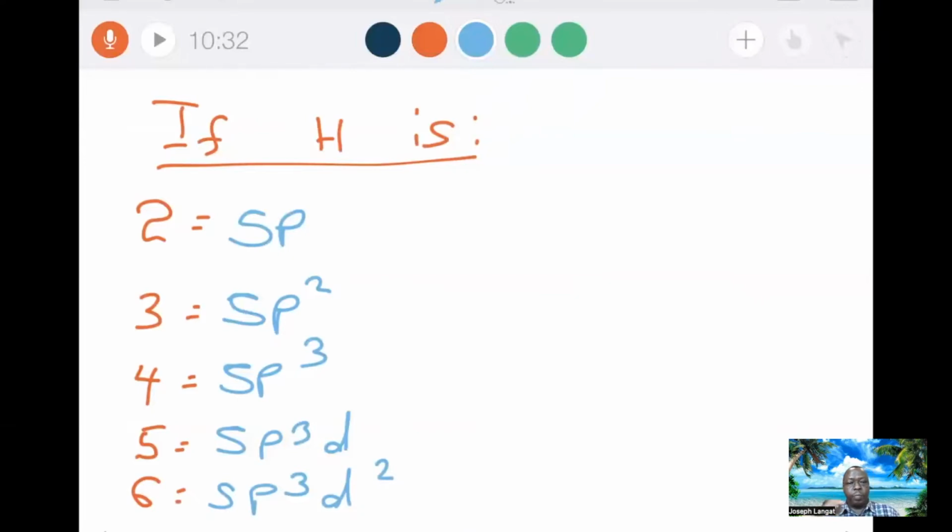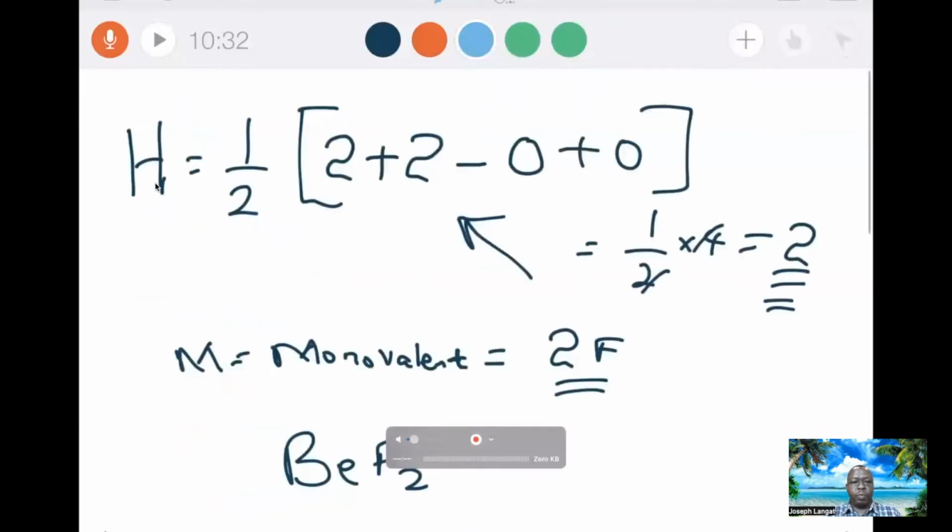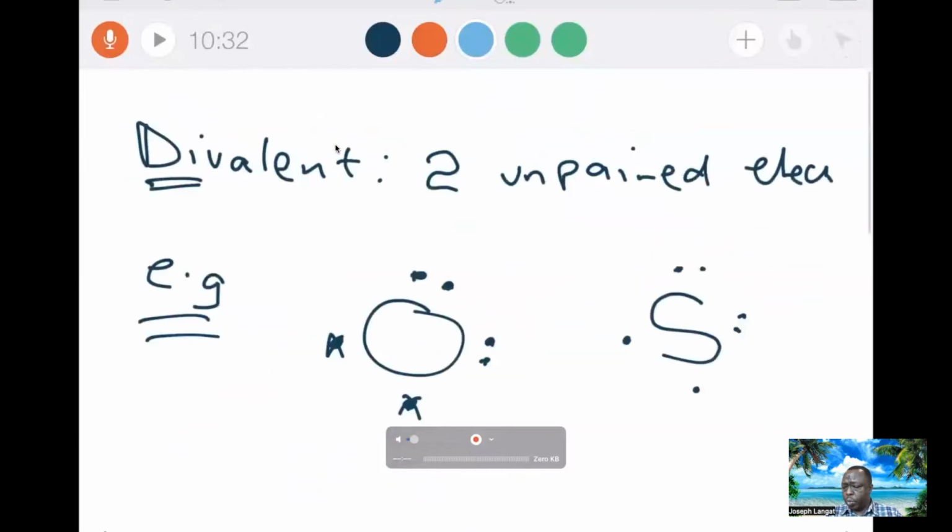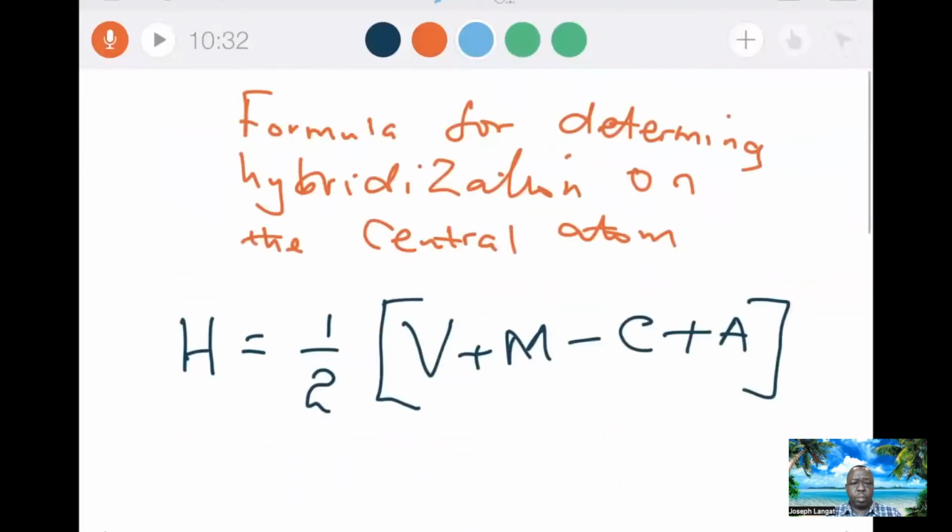So we'll have to determine the value here using this equation. You need to know what these values are. H is for hybridization, half of the valence electrons on the central atom, using the main group element, for example using the group number on the periodic table, of which for the most part you'll be dealing with main group elements, not the transition or inner transition.